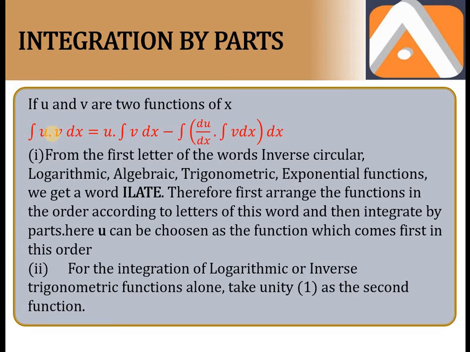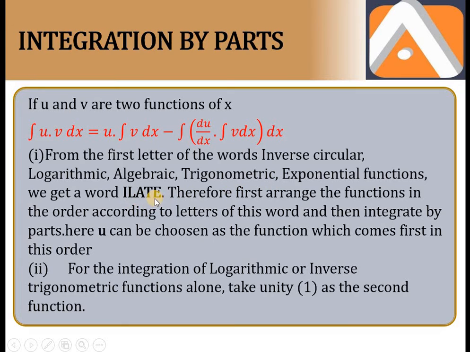And for some more clarity, we are going to use the term ILATE. I refers to inverse trigonometric, L refers to logarithmic, A refers to algebraic, T refers to trigonometric, E refers to exponential functions.